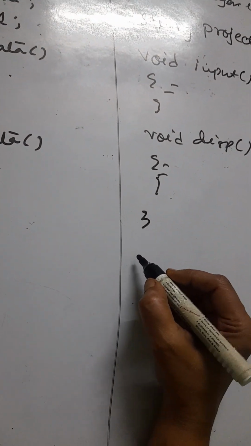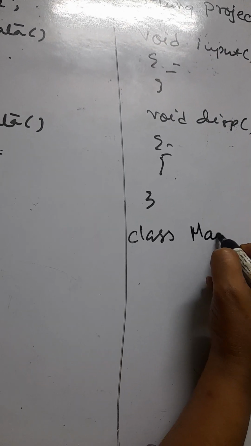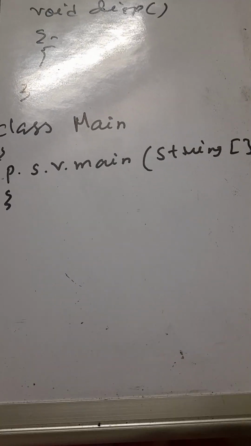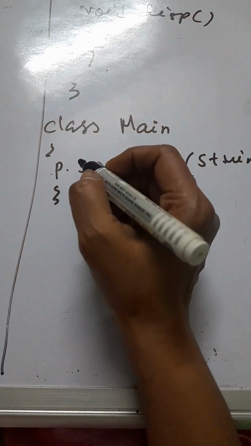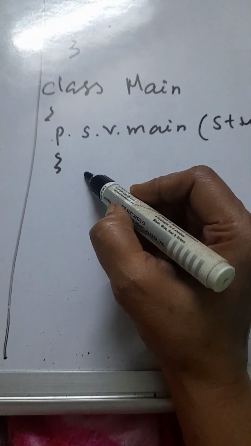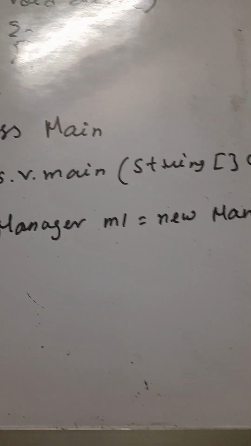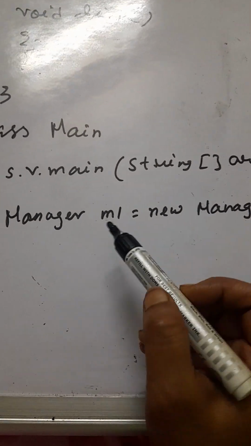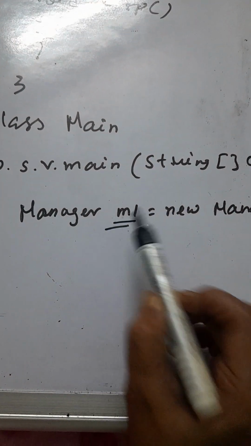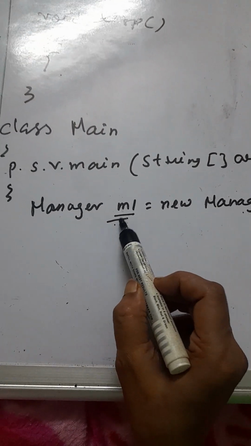Now here I want to make the final class, maybe class Main. Within the main function I want to create the object of the child class. So I create the object of the Manager class. Now this one is the object of the derived class, I instantiate the Manager class within the m1 object.